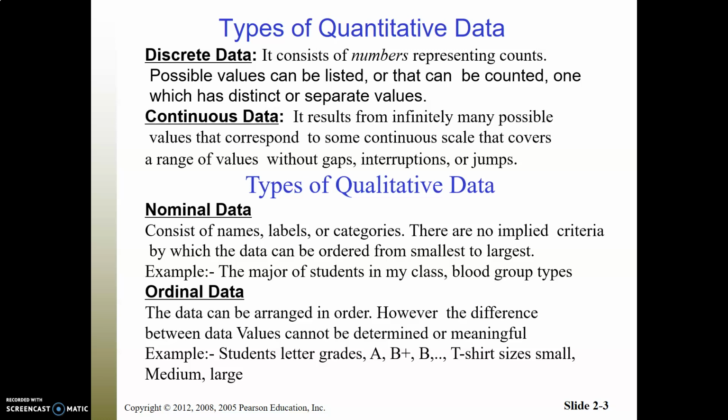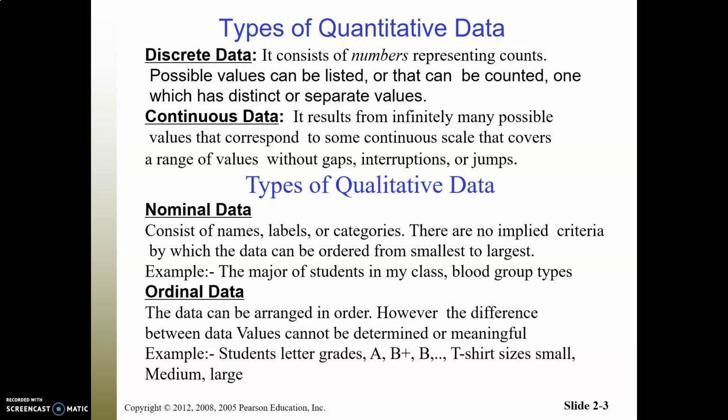Then we have ordinal data. Ordinal data is categorical or qualitative data that consists of names or labels, but you can define a certain order among the data values.